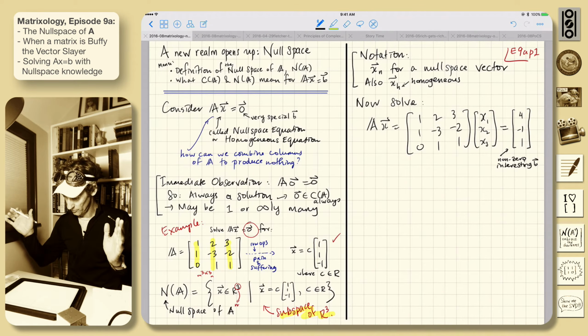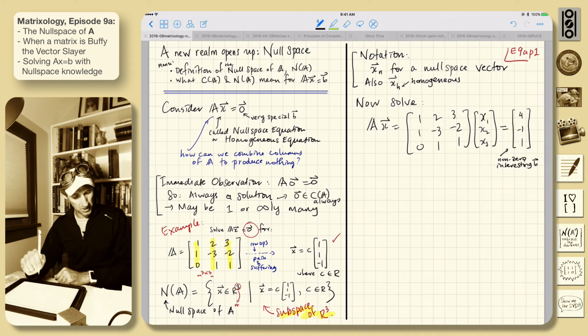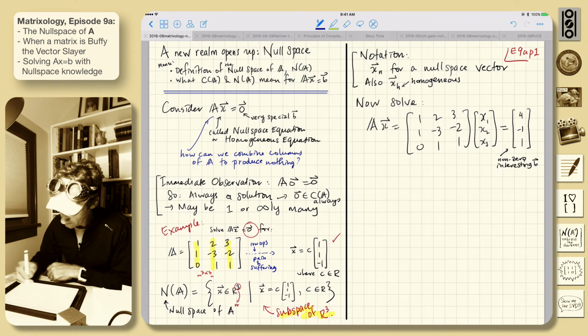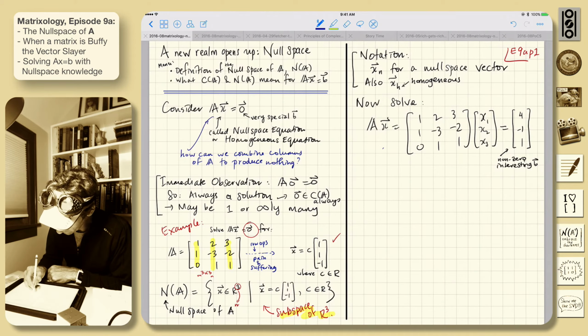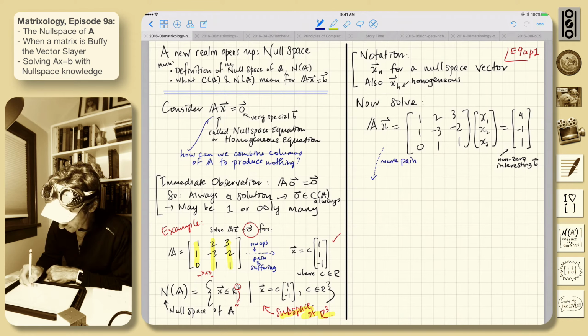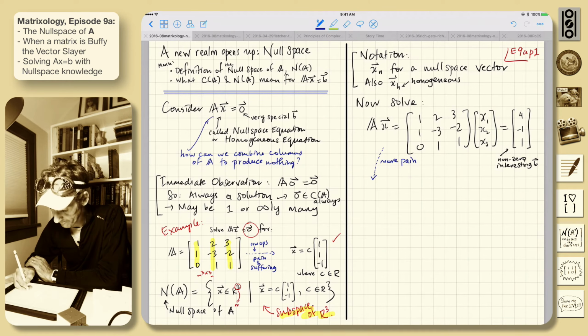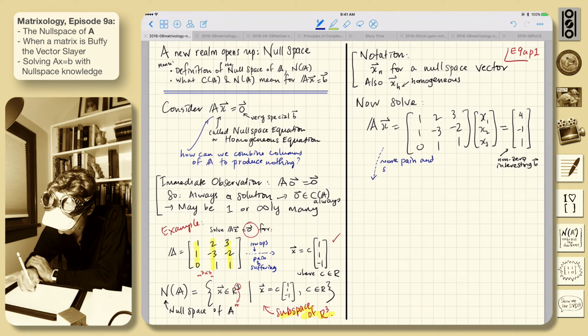Again, imagine the suffering, more pain and suffering. This happens. I encourage you to do it, you don't have to, but let's imagine there's more pain and suffering, also known as row operations.